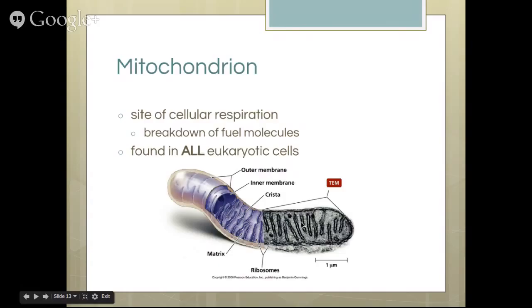Here are some of the inner membranes and what would be analogous to the cytoplasm in the cell. And then over here you see the artist rendition of it, so you can kind of see why we think they look the way they do. But these are the powerhouses of the cell. You probably learned in middle school or elementary school that this is where the cell gets all of its energy from. And it's true. This is where we break down the food to get the energy so the cell can function.